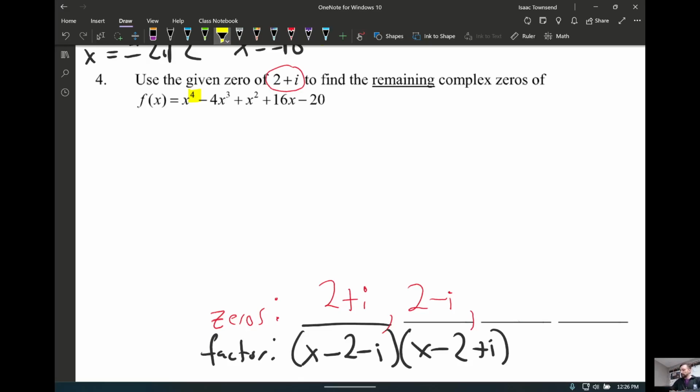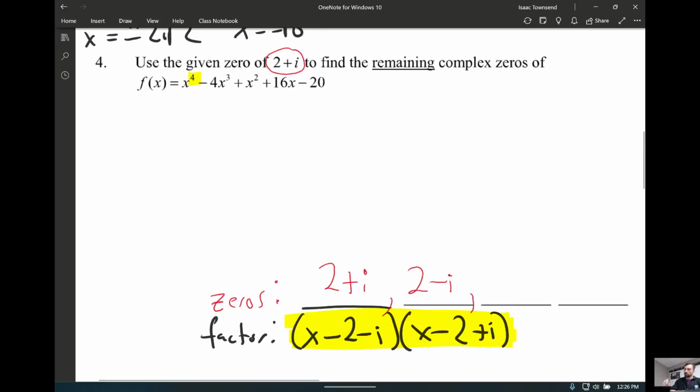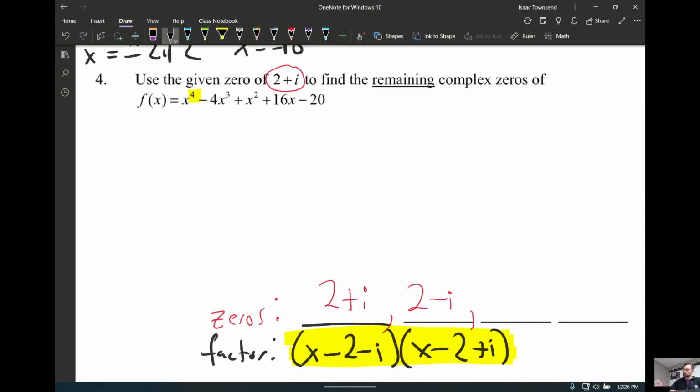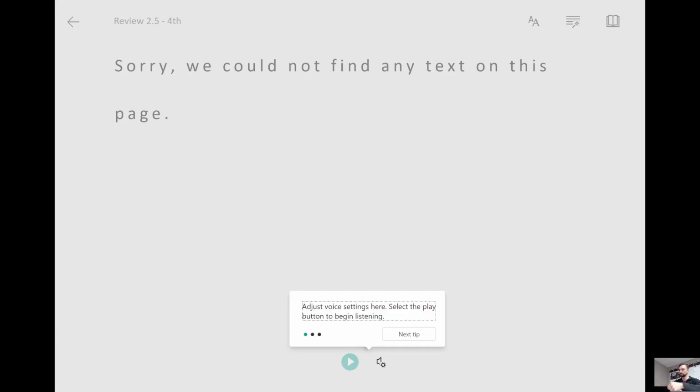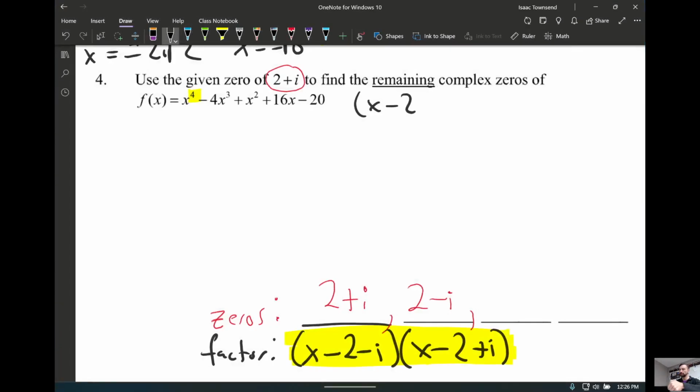Okay, so this doesn't seem very helpful to you, except we can multiply these together and then it's not going to look so messy. So let's multiply x minus 2 minus i and x minus 2 plus i.